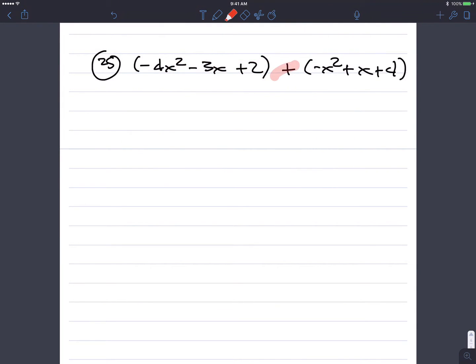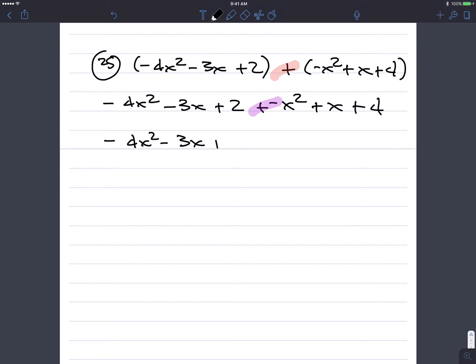Since this is addition, we just drop the parentheses and we get negative 4x squared minus 3x plus 2 plus again a negative x squared plus x plus 4. So again, plus a negative is just another way of saying subtraction. In other words, subtract the x squared.